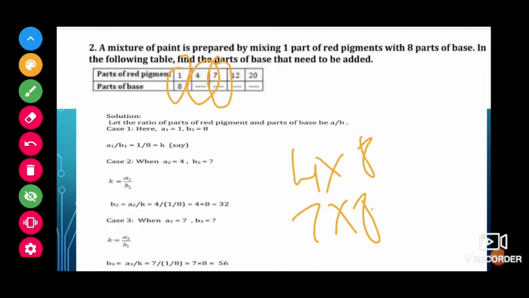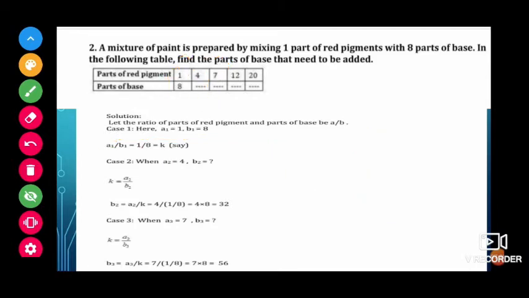Okay, or else here is one more way they are showing. Let the ratio of the parts of the red pigment and the parts of the base be A1 by A2. Here the ratio is 1 by 8. Now, in the same way, this ratio should also be the same; only then can we say it is in direct proportion.